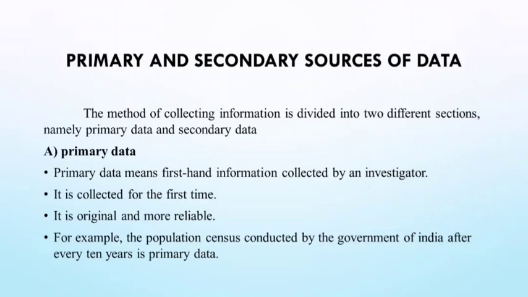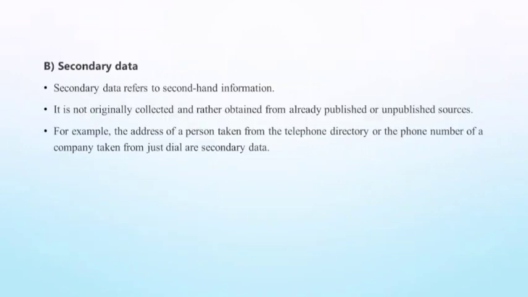For example, population census conducted by the government of India after every 10 years is primary data. They go to houses, they collect the data. It takes a long time, very expensive, a number of persons are involved in it, but it's the correct data. So that cannot be repeated every other day. That is done once in 10 years.